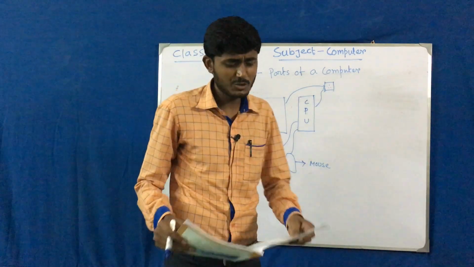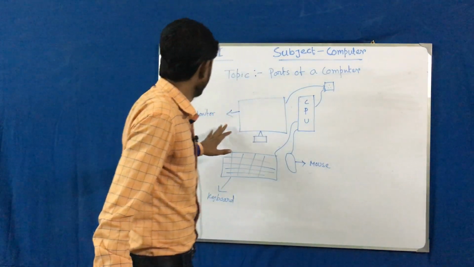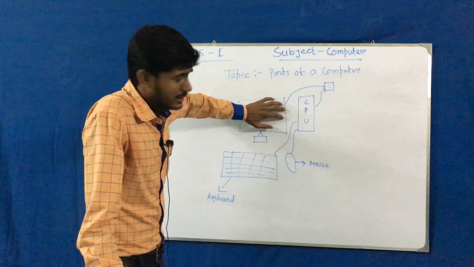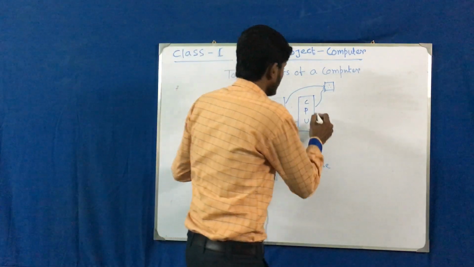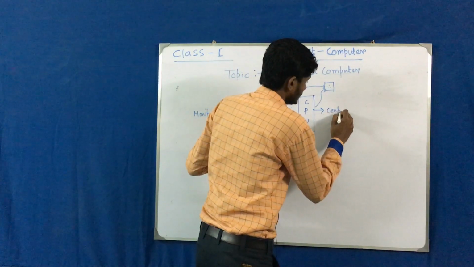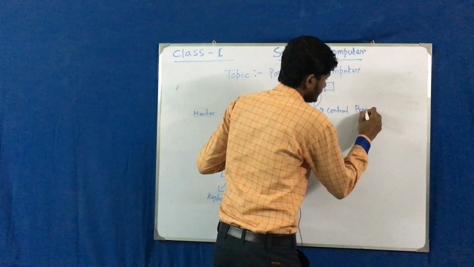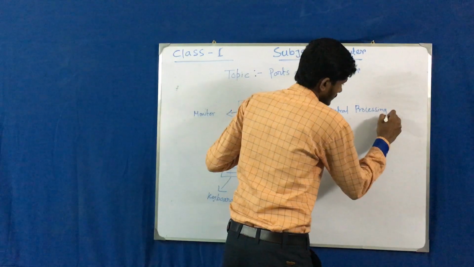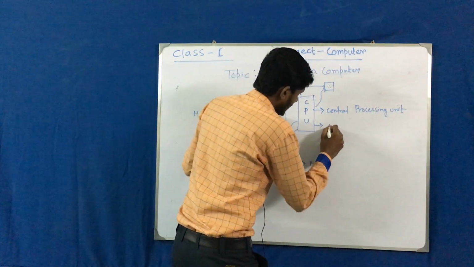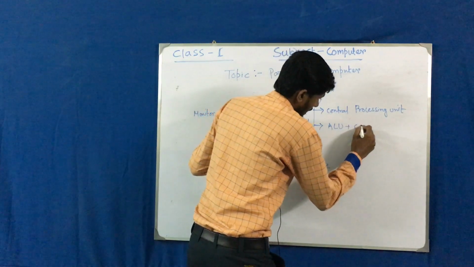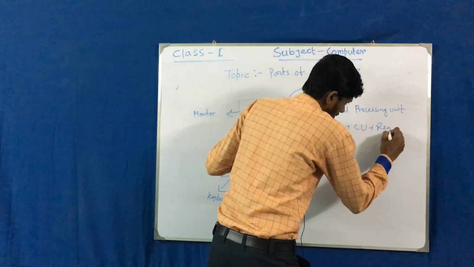So what are the basic parts of a computer? The first one is the monitor, and this one is the CPU. CPU refers to central processing unit. The CPU consists of ALU plus CU plus registers.